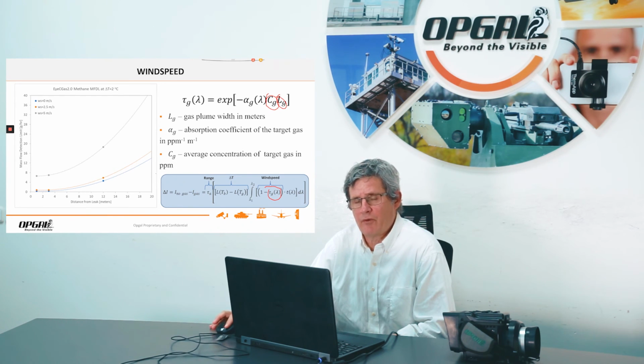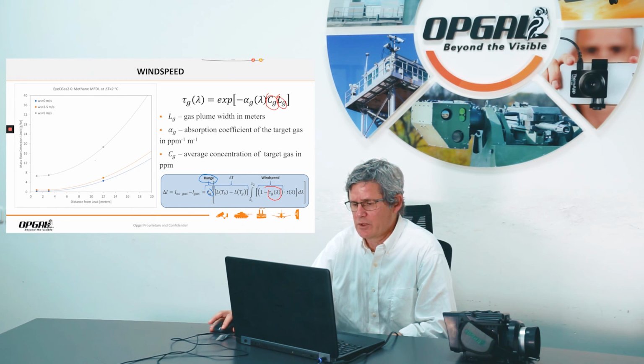So these are the three environmental variables that are affecting range, and it's affecting the transmission over the foreground air. The temperature difference, which is affecting the integration of the spectral radiance in the filter spectral range.